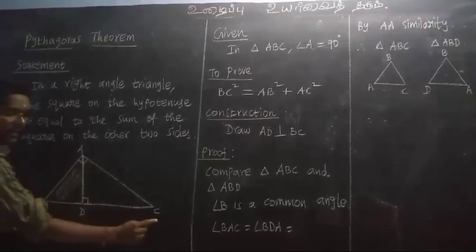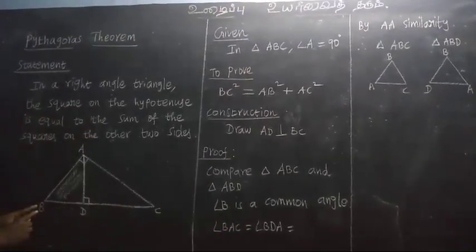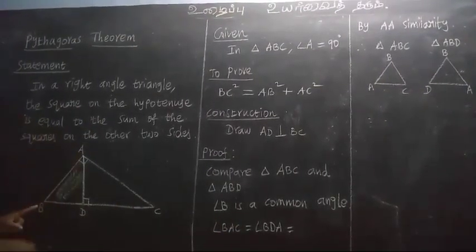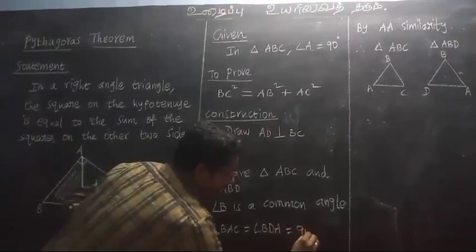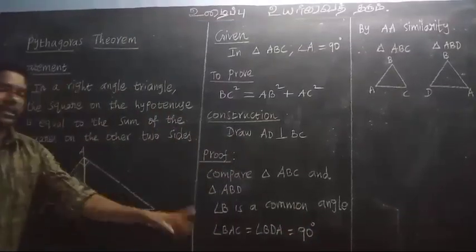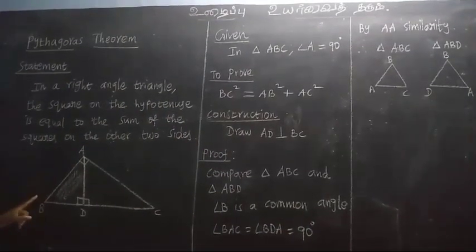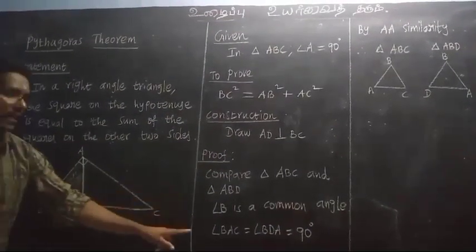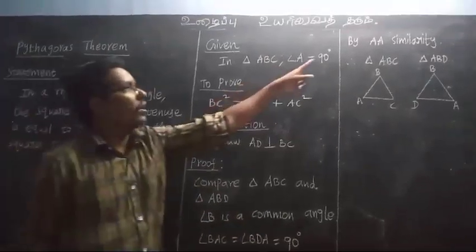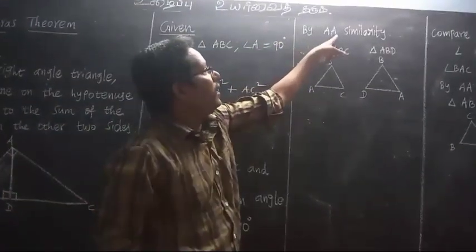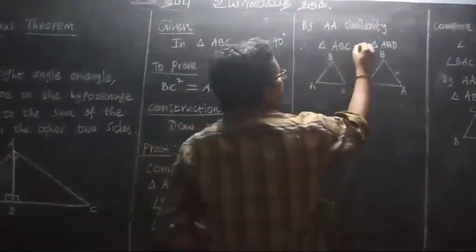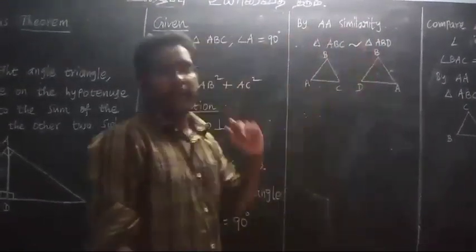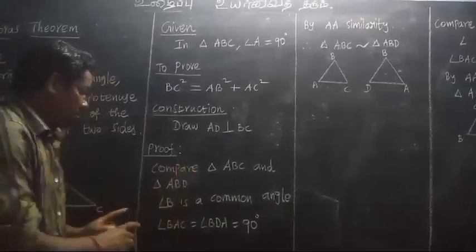Next, angle BAC equals angle BDA, that is A and D, equal to 90 degrees. Therefore BAC equals BDA equals 90 degrees. By angle similarity, B is a common angle and the other angles are 90 degrees, so triangle ABC is similar to triangle ABD.